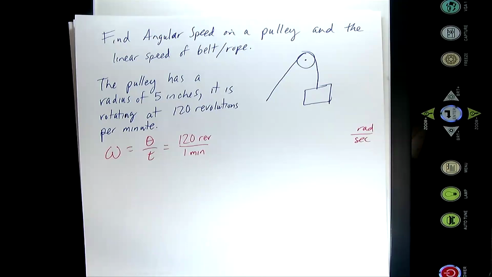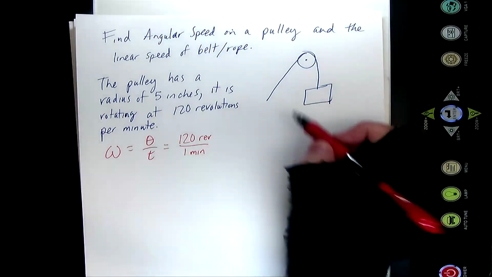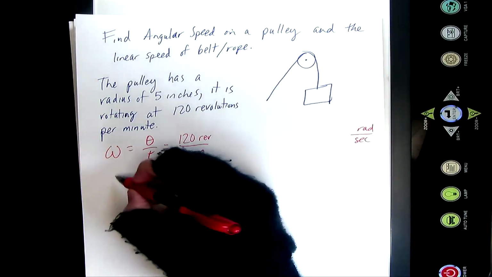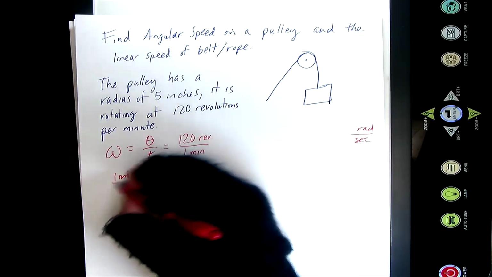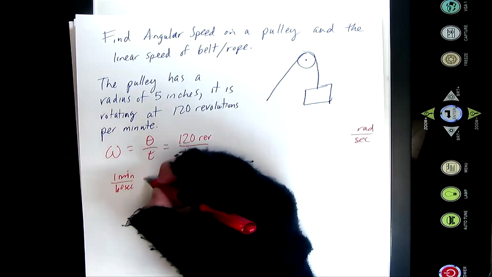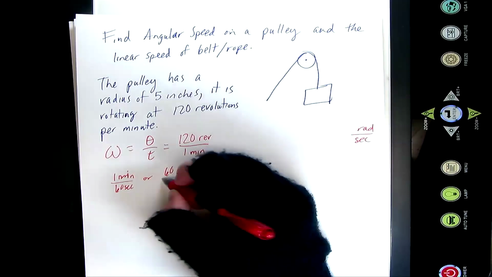What's the easiest one to figure out right away? The time, most people are comfortable with the time, right? So we got that 1 minute to 60 seconds. We just gotta choose which one we wanna do. 1 minute on top, 60 seconds on bottom, or 60 seconds on top, 1 minute on bottom.